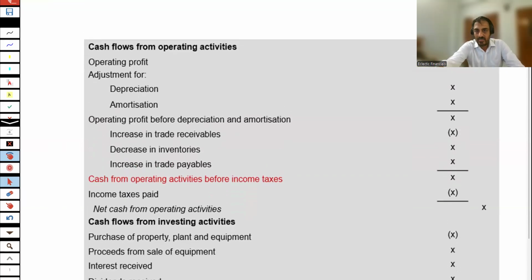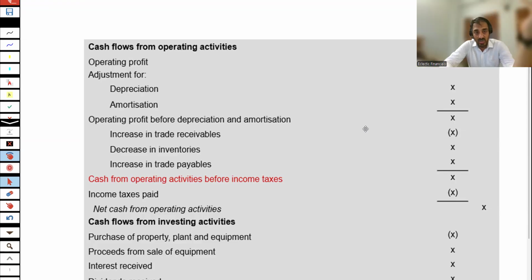If you start making the consolidated or simple cash flow, previously some companies started with profit before tax, some companies started with profit before interest and tax.